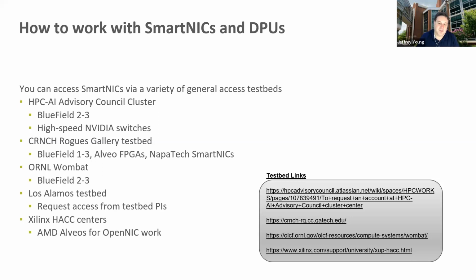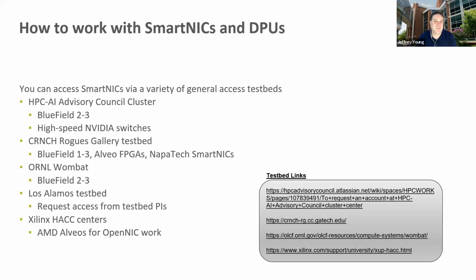So we put all the links here. We definitely encourage you to check those out. You can apply for accounts. I would pick one, because every environment is different. One thing I've noticed from my testbed, from Wombat, and from the HPC Advisory Council cluster is that all of us have slightly different software stacks.